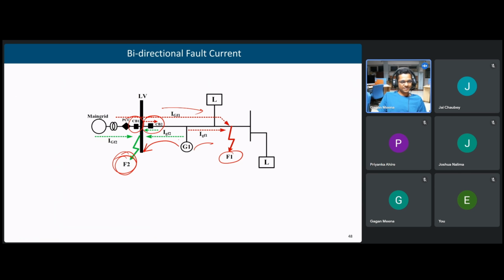All the fault is here, but since this generator is also feeding, if this current IGF2 is greater than the setting of this CB2, then this will open. So this is not what was required, because the fault is on the main grid side. This can operate, this should not operate.